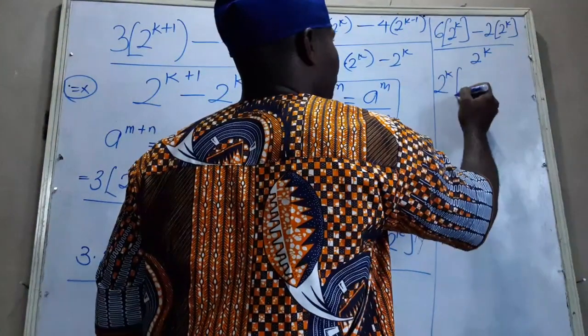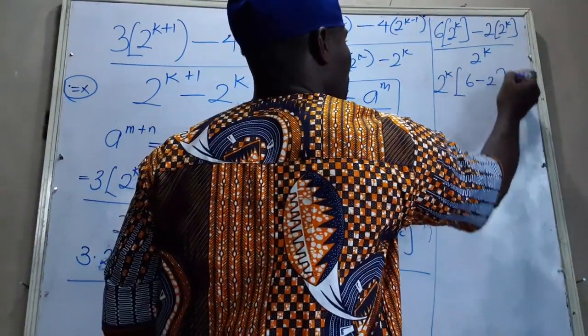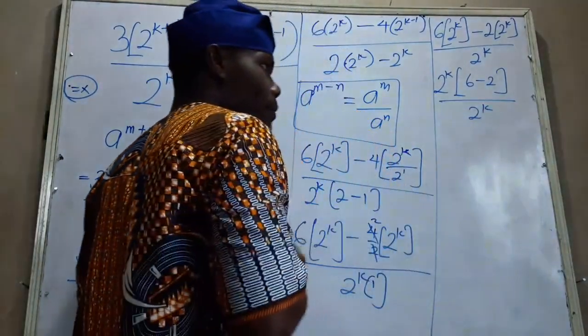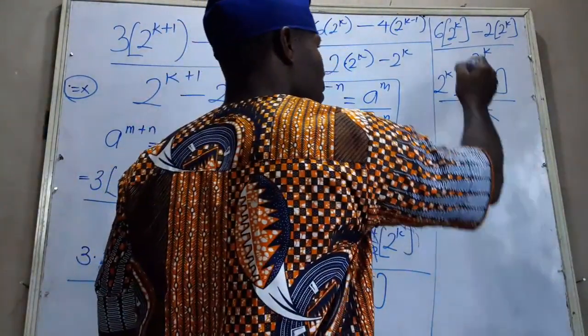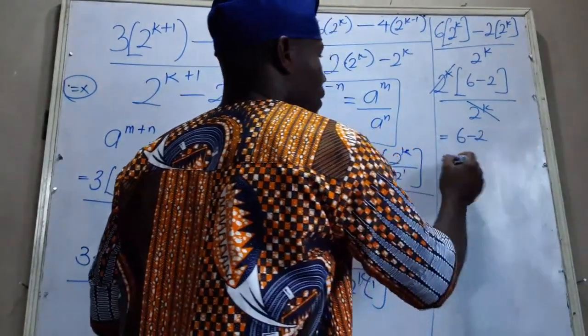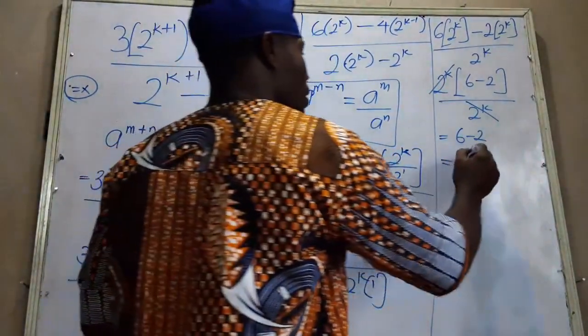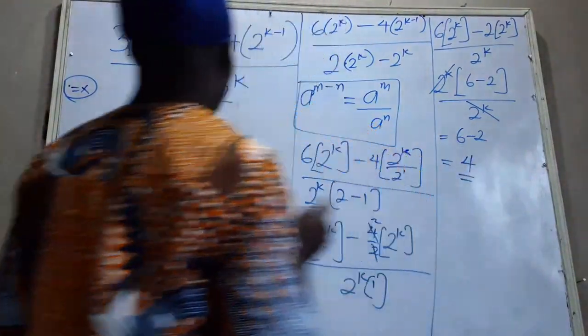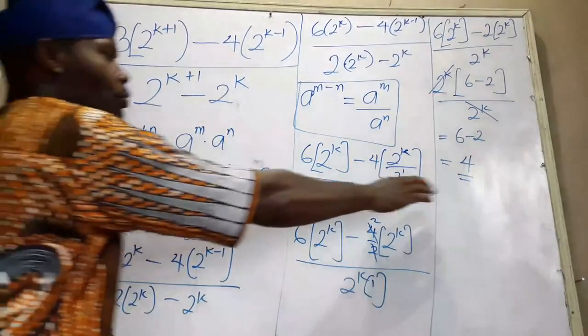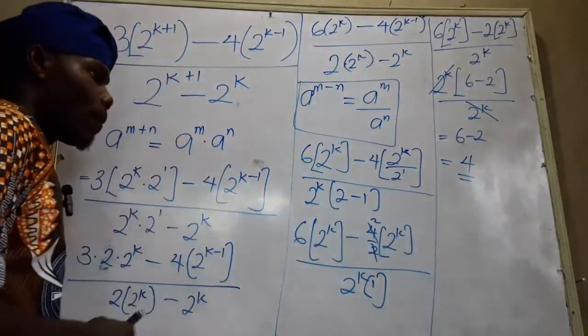Since it's common, we have this to cancel this. So the value will give us 6 minus 2, which is equal to 4. So the simplification of this expression will surely give us 4.